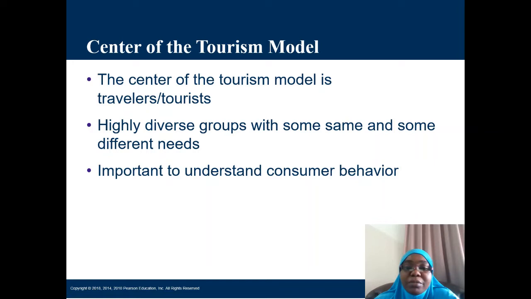So it is very important for tourist providers to understand their consumer as well as their consumer behavior. This is going to enable them to serve them better, because when you identify their needs, you'll be able to provide services that meet those specific needs. So that is why the tourists are at the center of the tourism model.